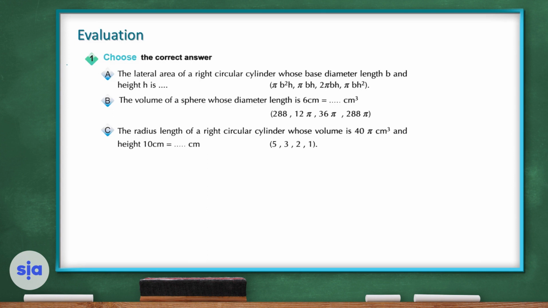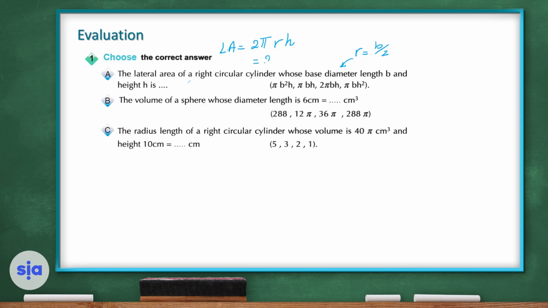Question 1, choose the correct answer. Part A: the lateral area of a right circular cylinder whose base diameter is b and height is h. As the diameter is b, the radius is b over 2. To find the lateral area of a right circular cylinder, the lateral area is 2 pi r h.